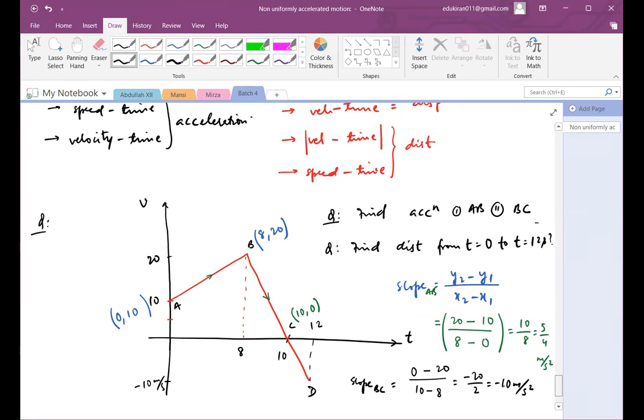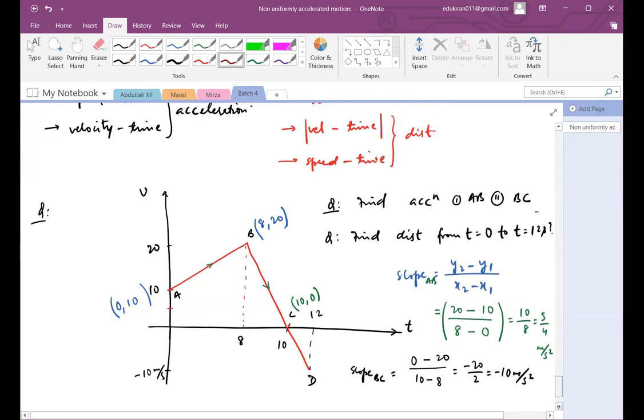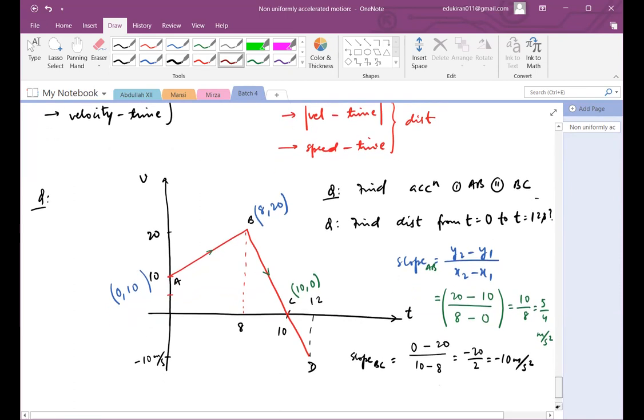Is it clear to everyone? Yes, sir. Nabila, is it clear? Why isn't it 20 minus minus 10? Since this particular graph is going from B to C, you have to take this particular term as the final point and this particular term as the initial point. Okay, sir.